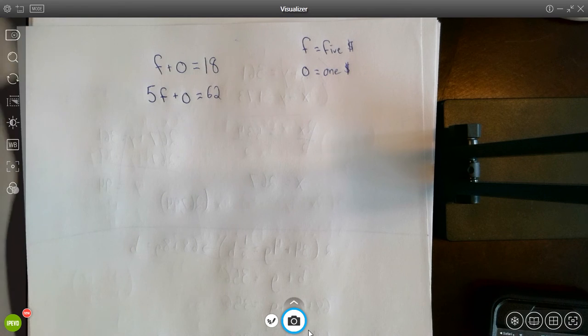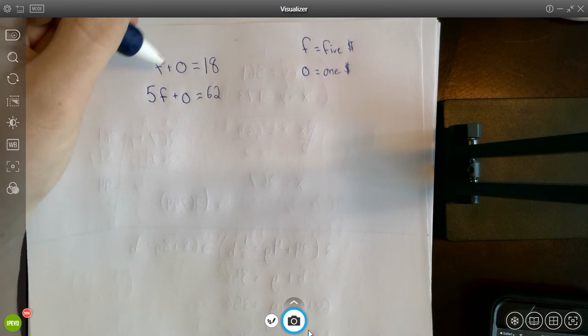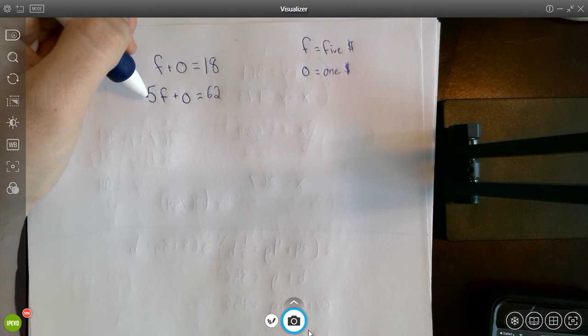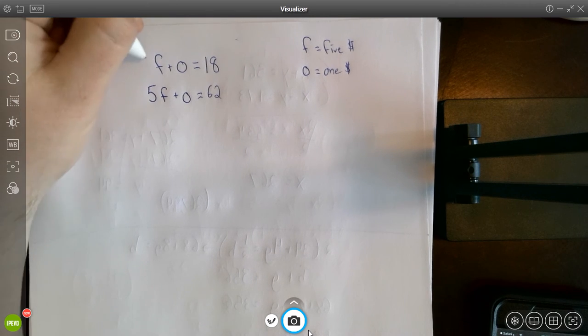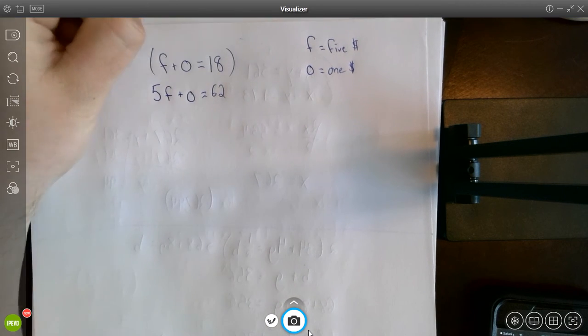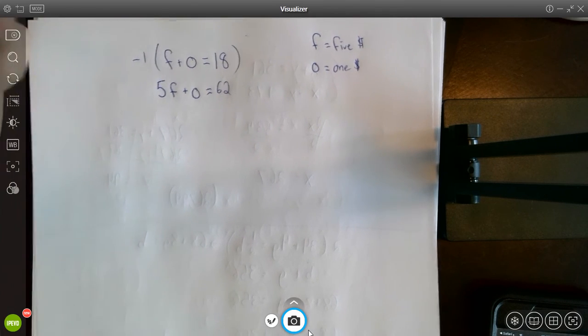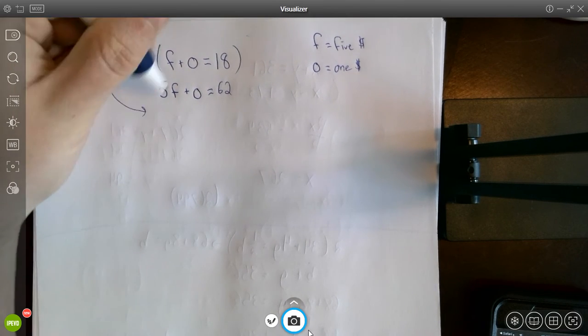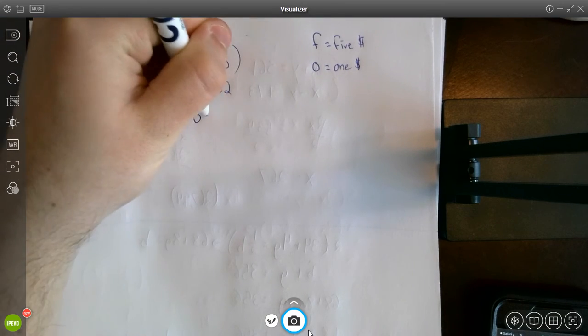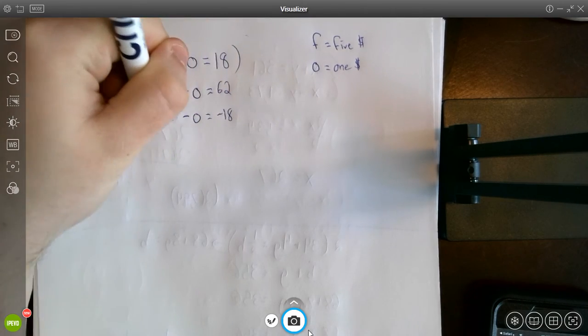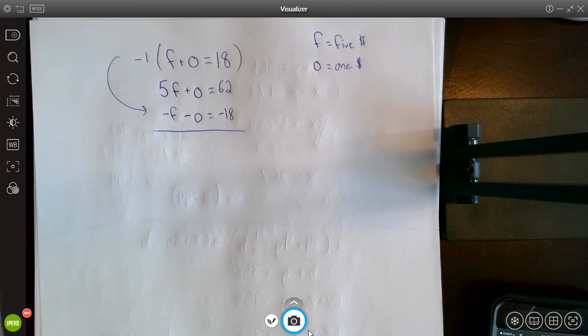So what we can do is multiply either the top one or the bottom one by -1. I'm going to multiply the top by -1 just because I think it'll make things a little bit easier. So when we do that, I'm just going to rewrite it below this. We'll have -F minus O equals -18. So really what we're doing is we're subtracting these two.